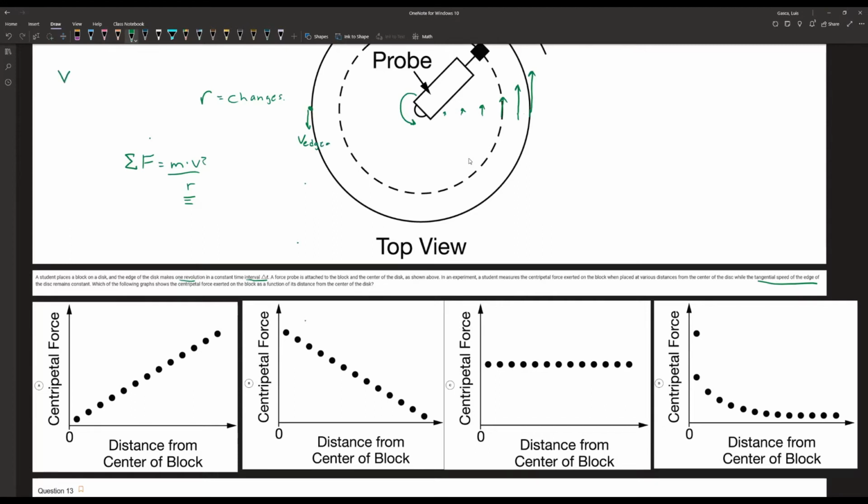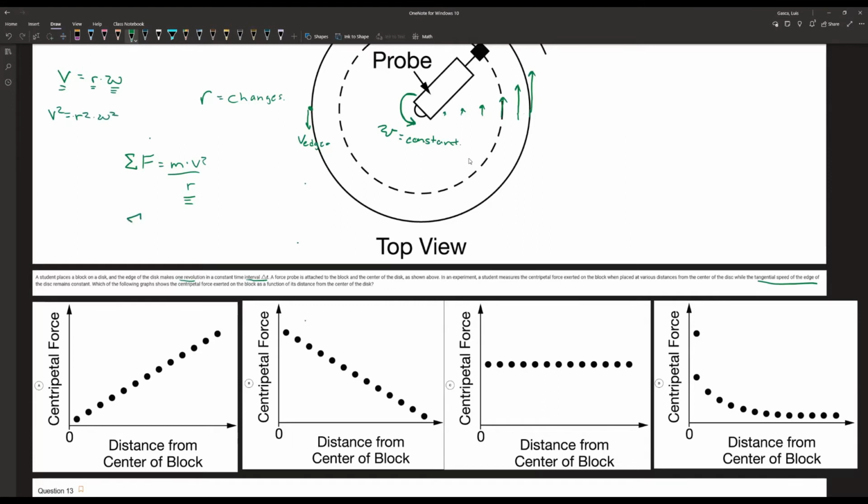Well, we have learned that v is given by R omega. So if this is constant and I'm always on the edge, that's constant. So what that tells us is that the angular velocity, the rate at which this thing is rotating, is constant. So let's make a substitution. V squared is going to be R squared omega squared.